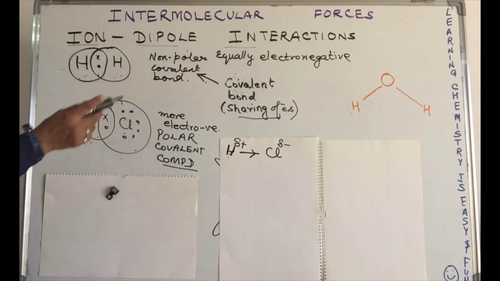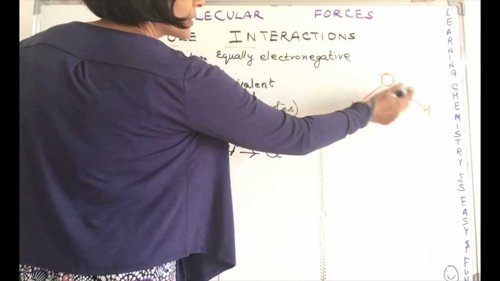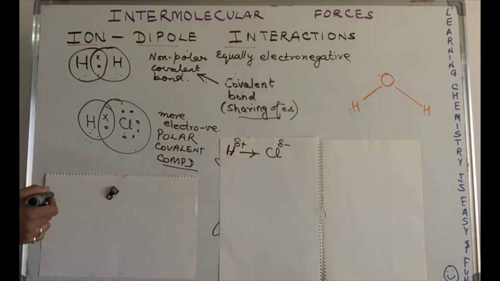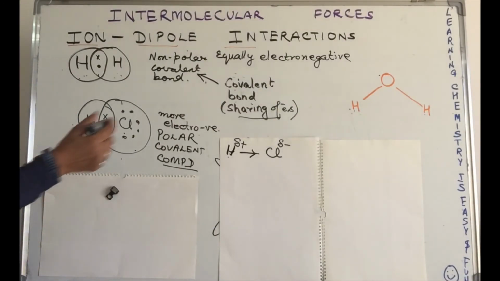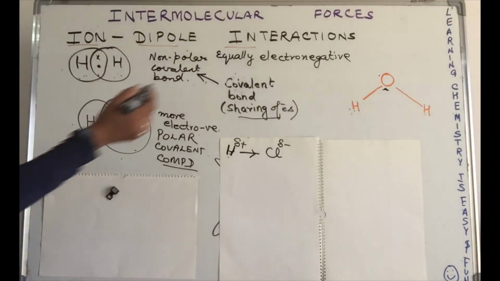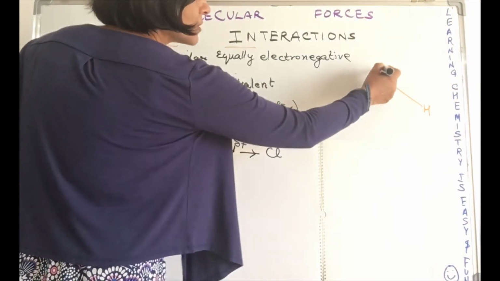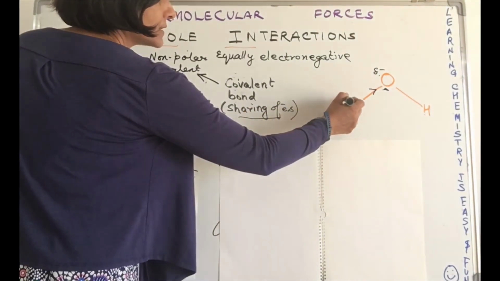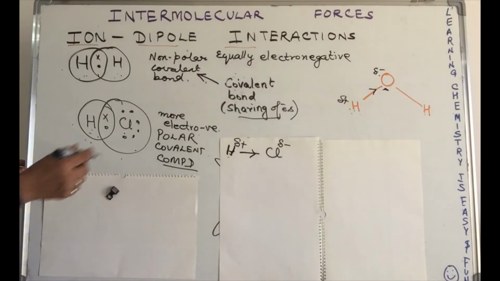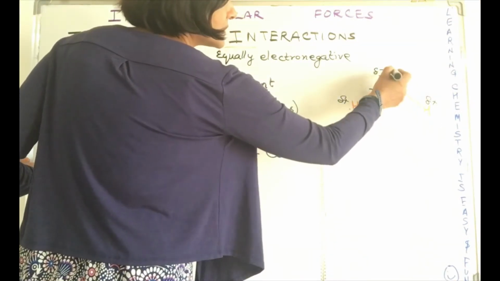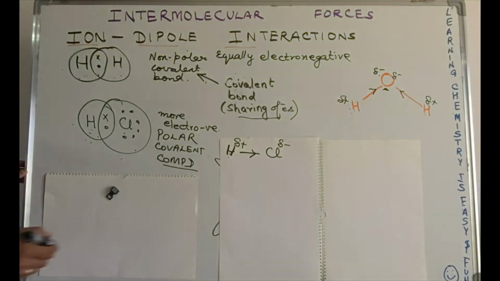Coming to polar covalent compounds further. Now here I have a triatomic molecule, water. The OH bond over here is polar because oxygen is more electronegative than hydrogen. So it pulls the shared pair of electrons towards itself, right? Hydrogen partial positive. Similarly, the other OH bond, again slight positive, negative, right?